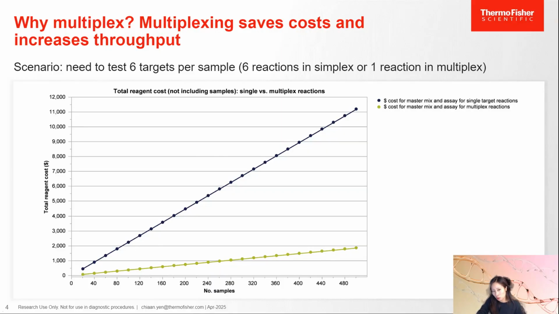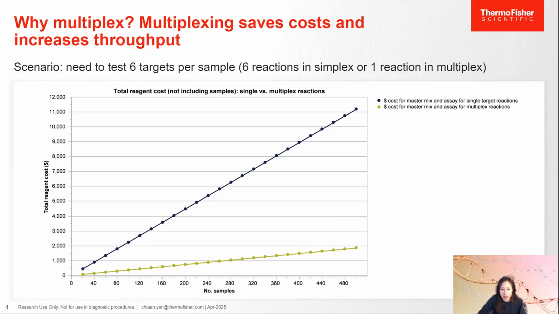And so here I'm graphing the total reagent cost. For reagent here, I included a master mix and assay, and I graph that by the number of samples. For the navy line, we're looking at the single target workflow, and for the green line, you're looking at the multiplex workflow.